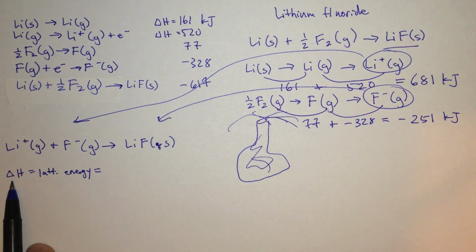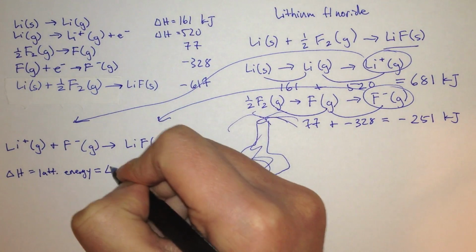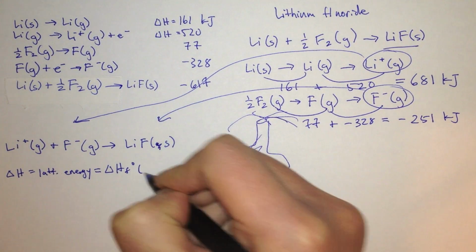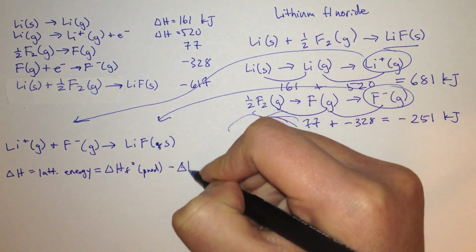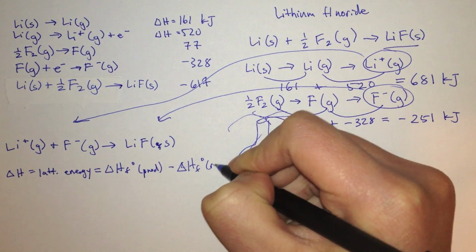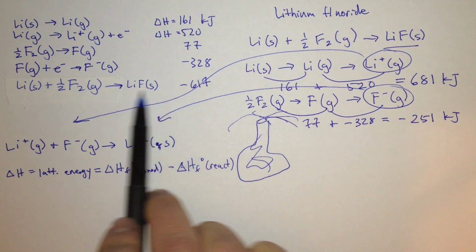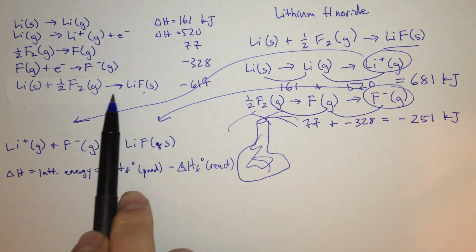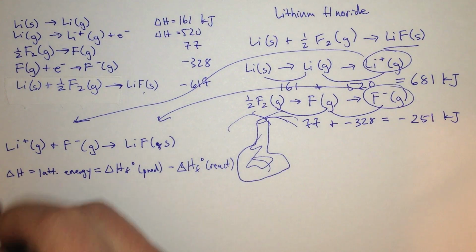and the heat of the reaction is equal to the heat of formation of the products minus the same value for the reactants. And in the last equation here, this gives us the heat of formation of lithium fluoride as a solid, as a crystalline structure.